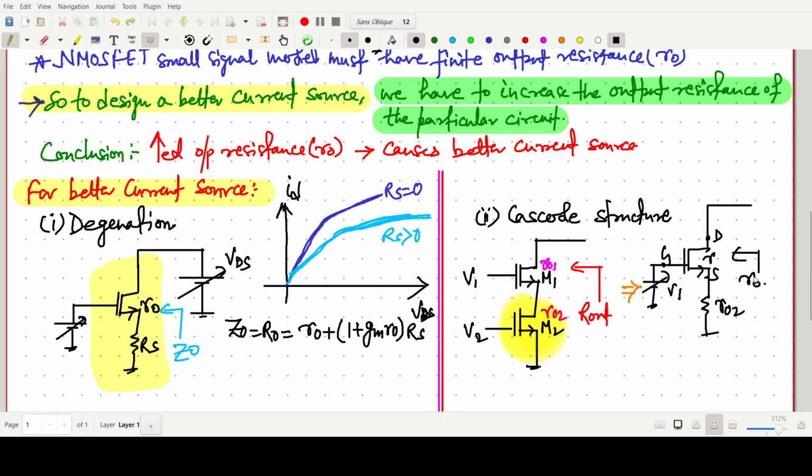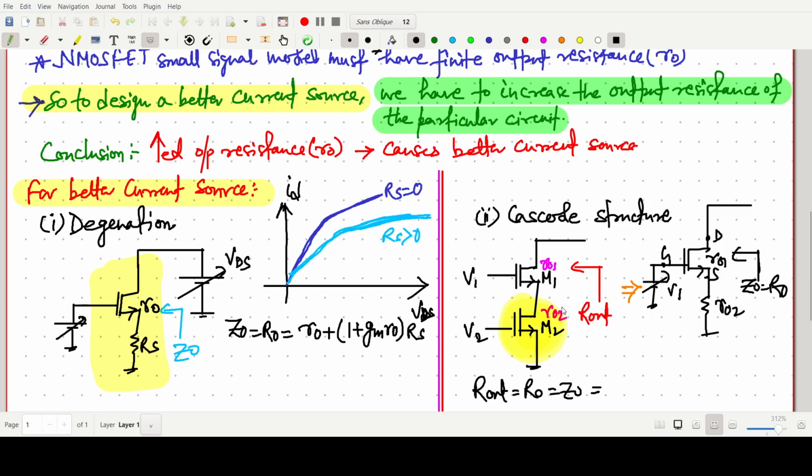Better to say this one is our Z naught, or R naught is the output resistance, and R naught 1 is the output resistance for this particular transistor M1. So if we find the R output, or R naught, we can say the output impedance, or Z naught, anything we can say, it will come.